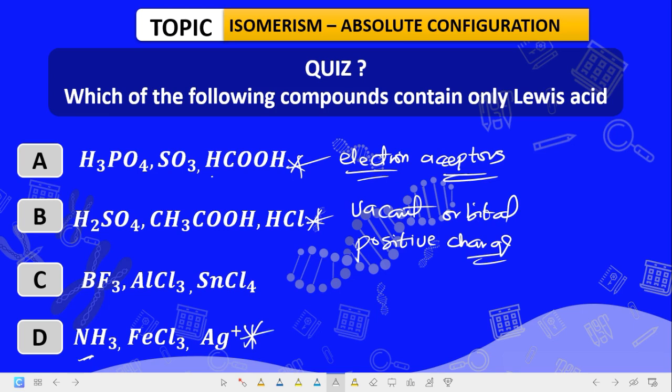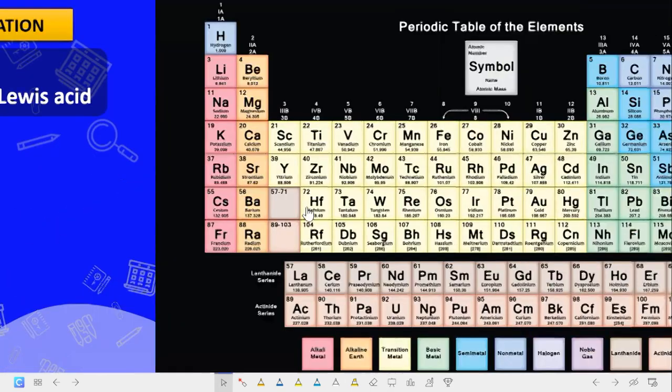Now NH3, of course, is not Lewis acid, so NH3 disqualifies this group here. Now how about tin 2 chloride and boron trifluoride? I know boron trifluoride is a Lewis acid. Aluminium chloride is a Lewis acid. How about tin chloride? Now let's check where tin is in the periodic table and see if it's actually a Lewis acid.